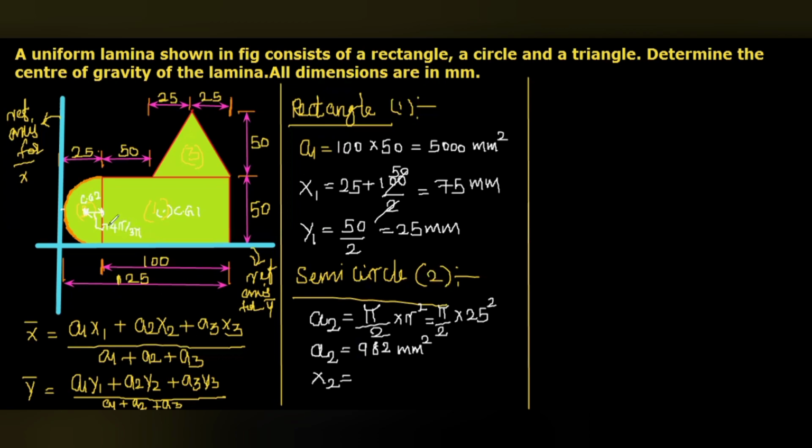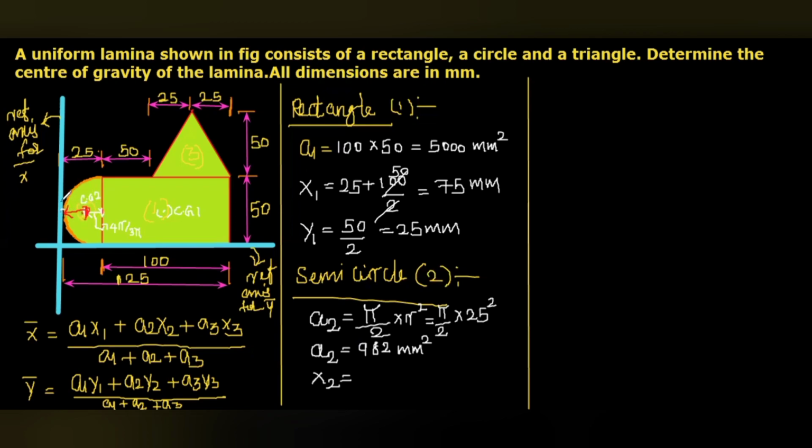But we need the distance of the center of gravity from the reference axis to the CG. We know from the base to the CG is 4r by 3 pi, but the distance we need is from the reference axis.